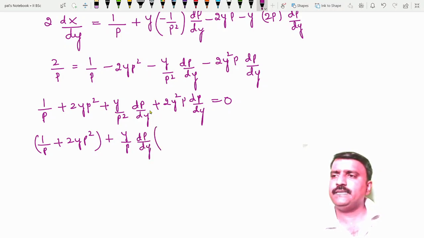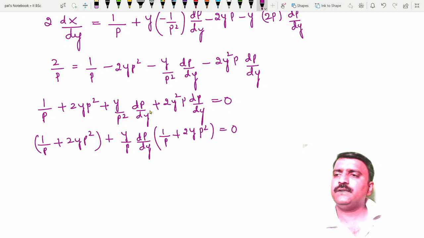Then remaining here is 1 by p plus, here we take dp by dy and y by p outside. Then remaining here is 2 and y, and the one with p in the denominator I have taken outside. So this is the term not consisting of p in the denominator. If you multiply and divide this factor by p, it becomes p square by p. So when p comes outside, here p square remains. So then it becomes 2y into p square is equal to 0.